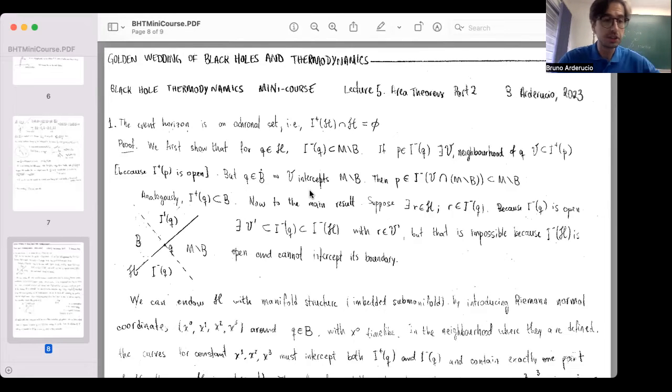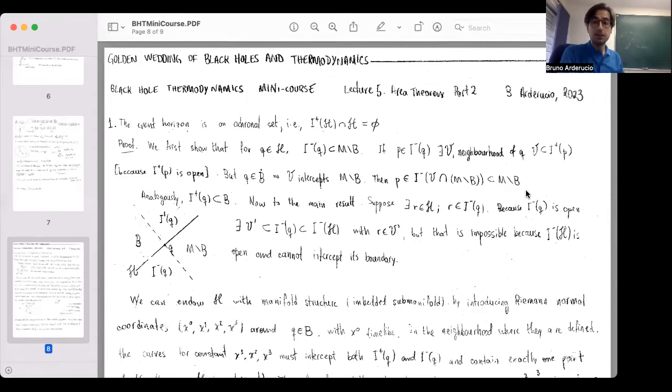I have this inclusion that I wrote here, which shows that P must be in the exterior of the black hole.